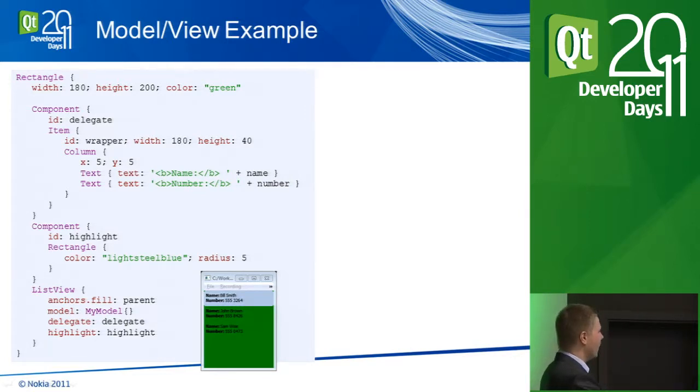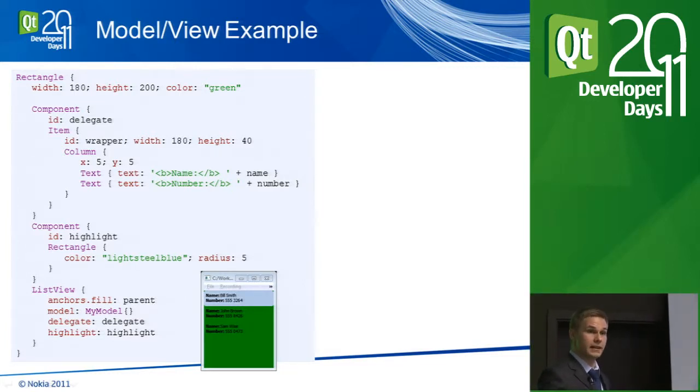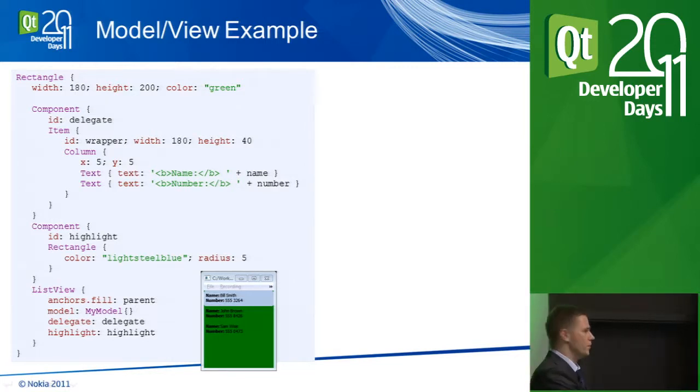And we have a highlight item for highlighting the current item that we have selected. And finally, we have the list view itself, which brings all these other things together and makes it happen. So we'll make it fill the parent, the whole view.